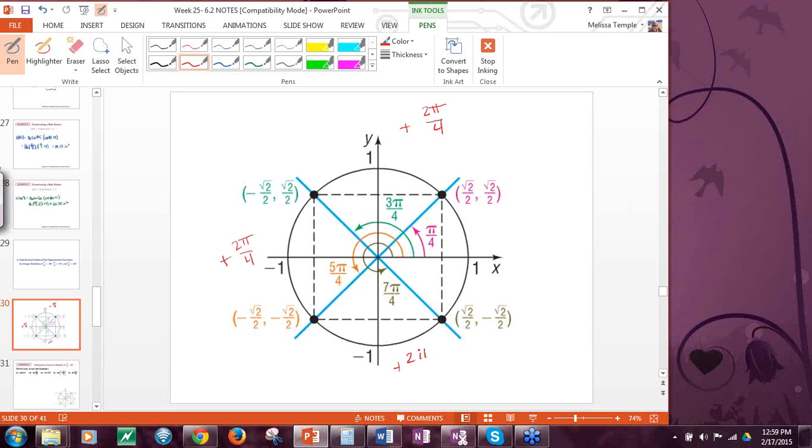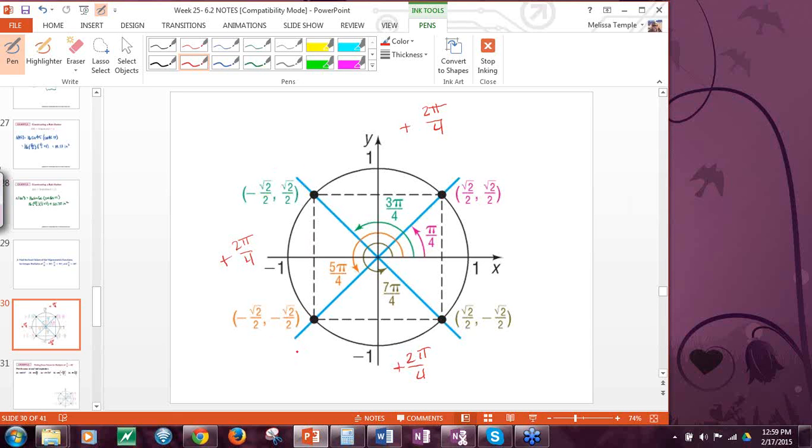And since I'm just reflecting, my point is staying the same. My x and my y's are staying the same, but my signs are changing. So since I've reflected across the y-axis, my x-coordinate here for 3 pi over 4 is now negative. My y-coordinate is still positive.